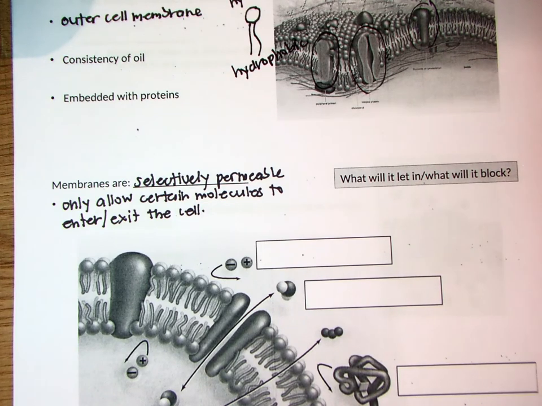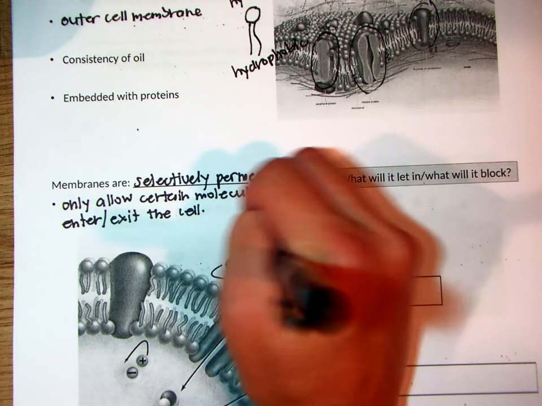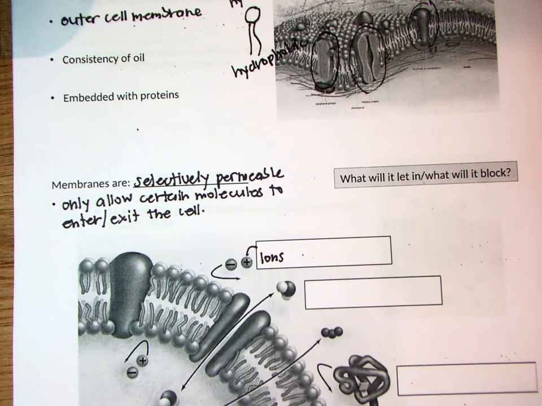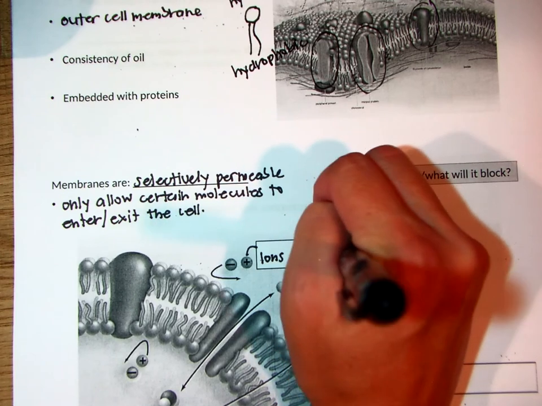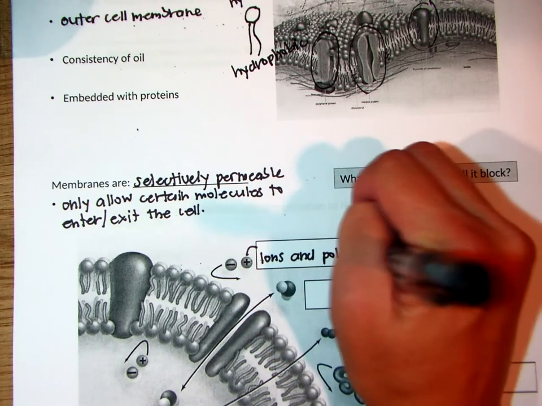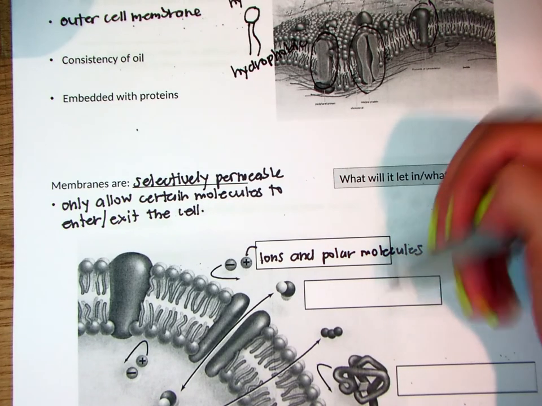So first of all, it doesn't want to let in ions, which are charged molecules like you see here, and polar molecules, like water, that have a partial charge on one side and the other.